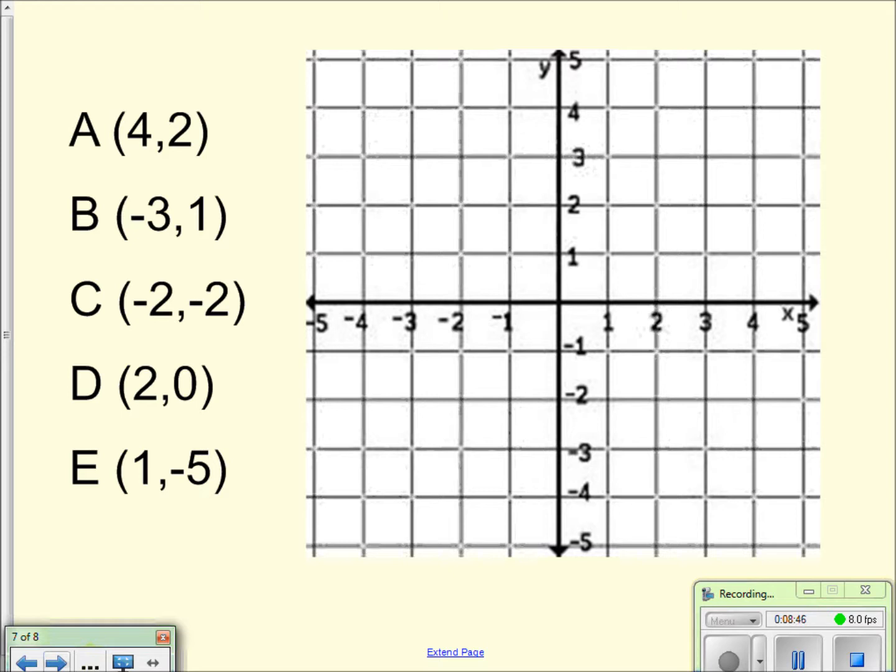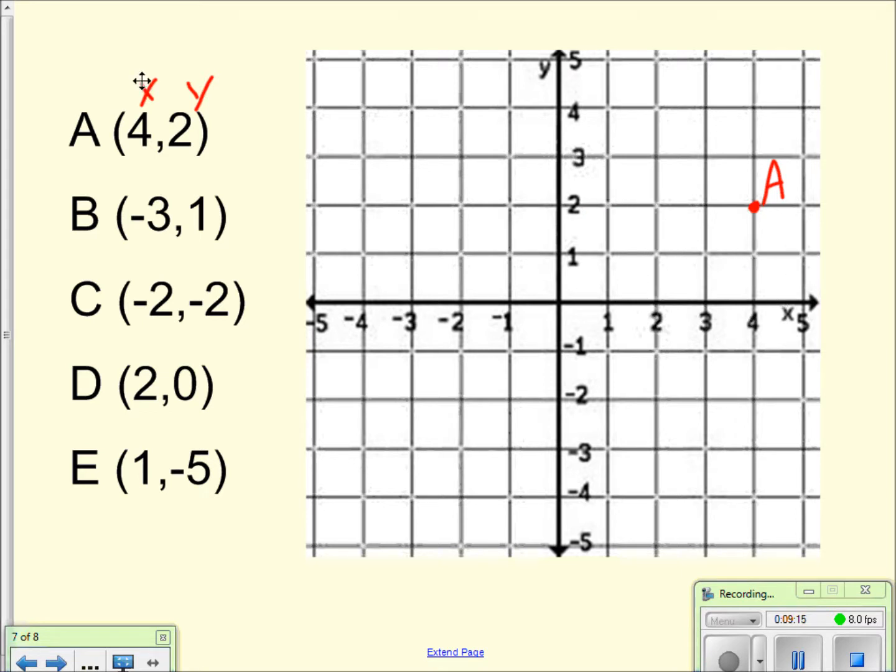Remember, the first number is my X, the second number is my Y. I'm going in the elevator first, horizontal, and then I can go up and down. So I'm going to go over to 4, which is right there, and then I'm going to go up 2. So I'm at 4, 2. So there's my point. Now I'm going to put the letter A there, because that's point A.